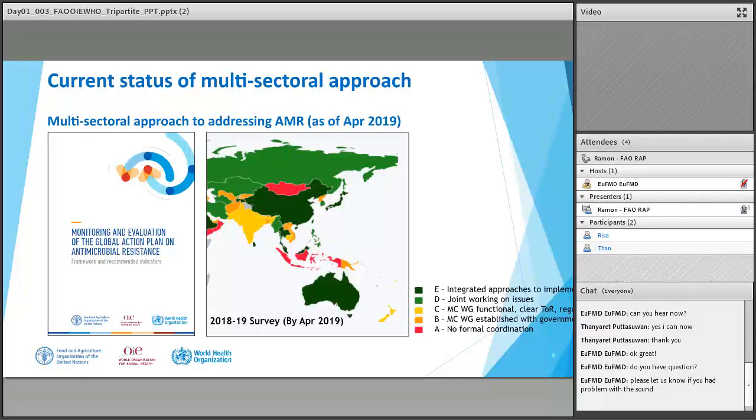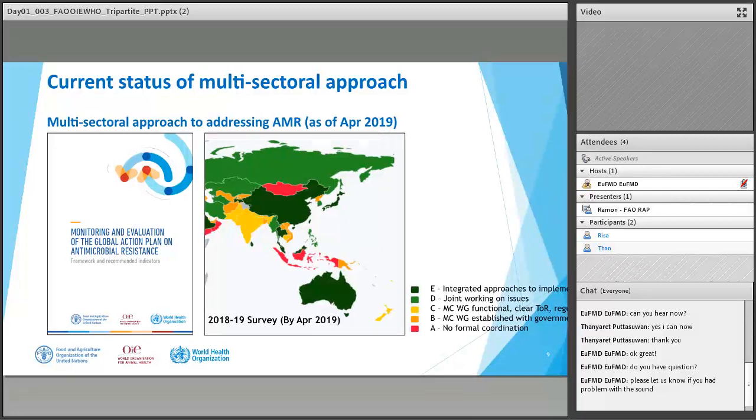Then light green is joint working on issues. So you can see some of the countries still are working together, at a lesser level of integration, but when it comes to issues, they are working together.